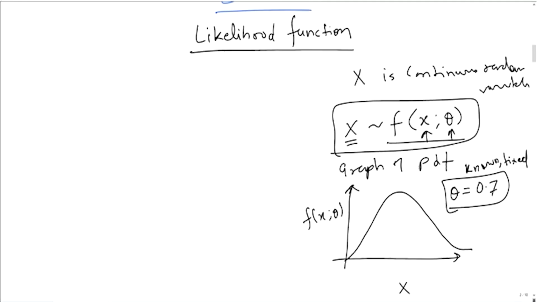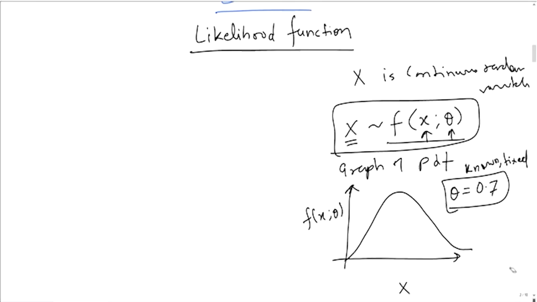For different values of x, you can calculate the probability density because theta is known. Remember, when we were drawing the graph of the PDF for normal distribution, we were assuming that mu was known and SD was known. Only then you could draw the graph of the PDF of a normal distribution, right. Otherwise, you can't draw. Okay. So, this is called the graph of the probability density function.